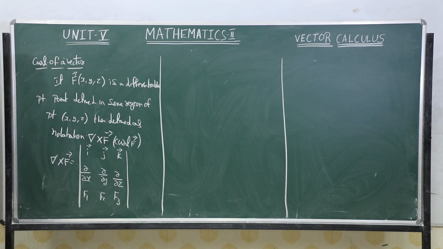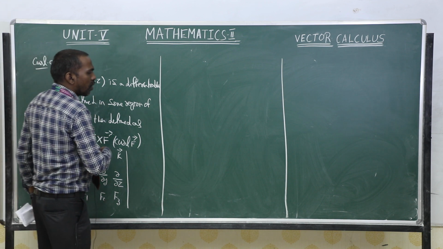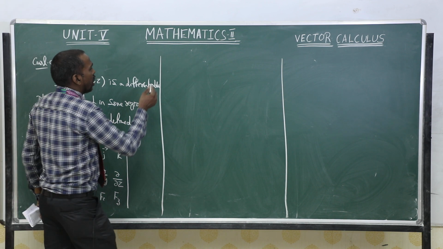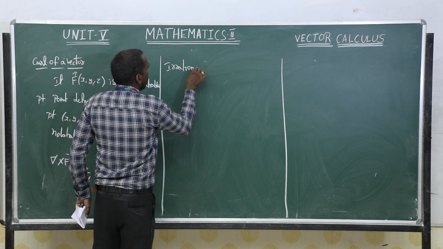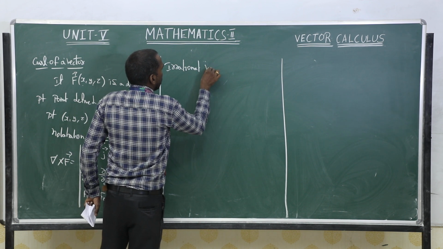This is called the curl of F vector. From the curl of F vector we can find the irrotational vector. This is another definition, irrotational vector.